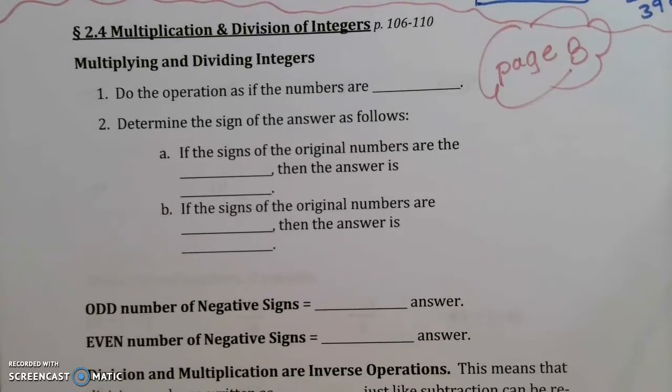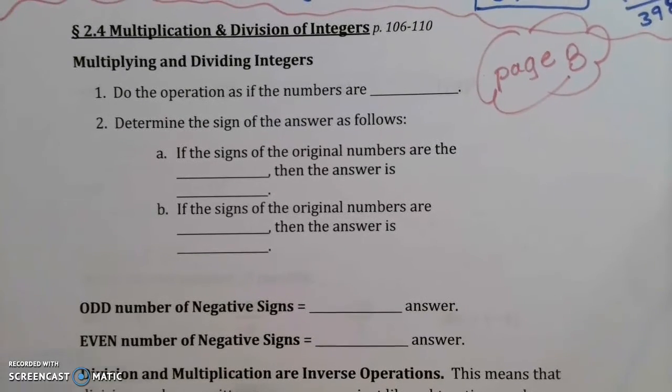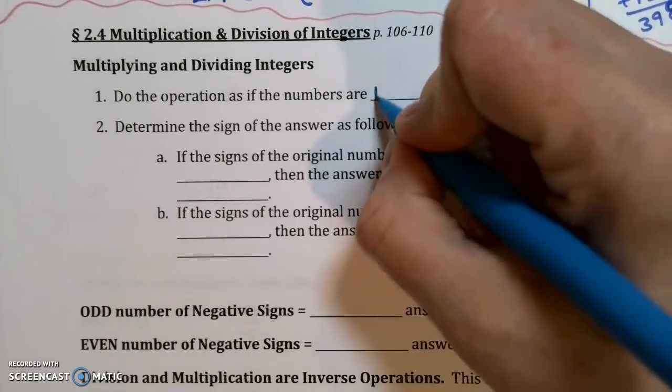We are starting off on page 8 of our guided collaborative notes and looking at the multiplication and division of integers. So first, to get a couple rules going here, we are going to do the operation as if the numbers are positive.